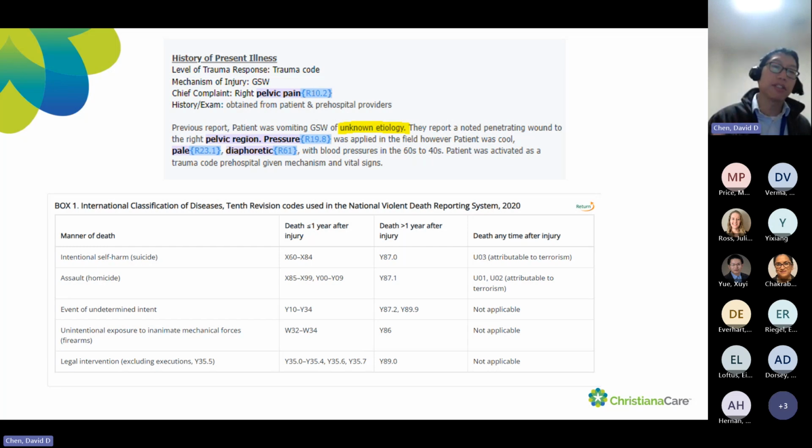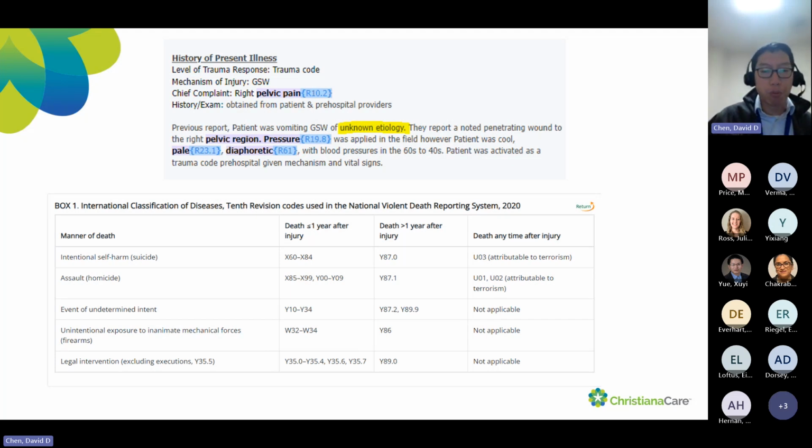According to the CDC recommendations for ICD-10 classification, if that patient were to die, this should be clearly associated as an assault, even if the patient said, I was walking outside, I didn't know what happened, and I was shot. The reason is that the definitions for unintentional, i.e. accidental injury, these W codes, as you can see here, are more strict.